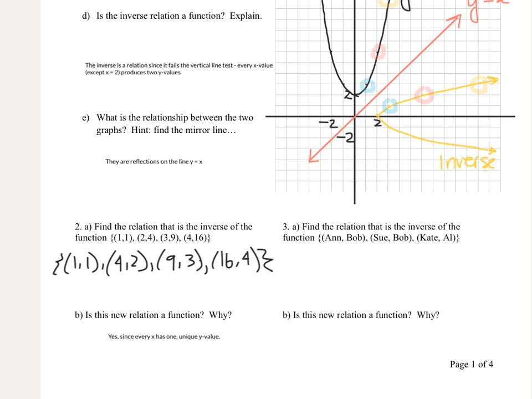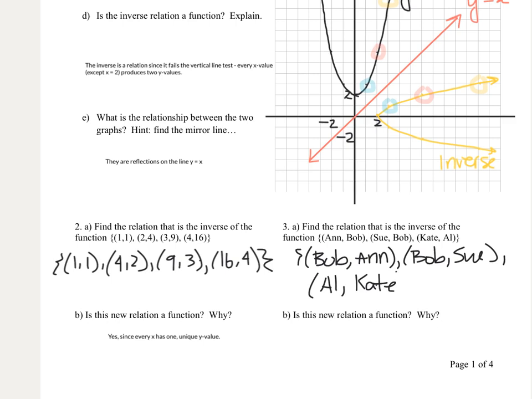But now if we take the inverse of such a function, we now get Bob, Ann, Bob, Sue, and so on.